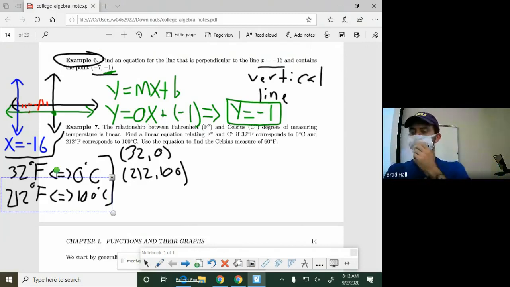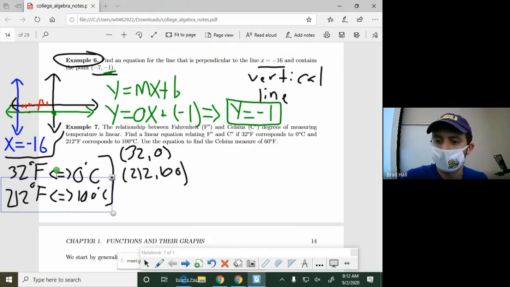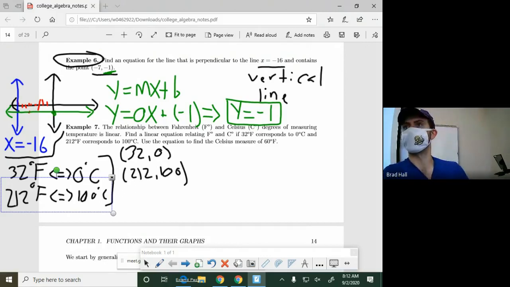And from there, we can find the linear function connecting them. And to do that, well, what's the equation of a linear function? It's y is equal to mx plus b. So it sounds like we need an m, which is the slope, and we need a b, which is the y-intercept.